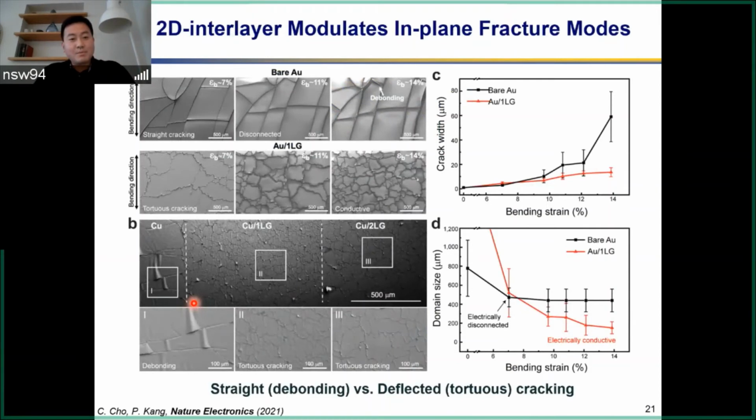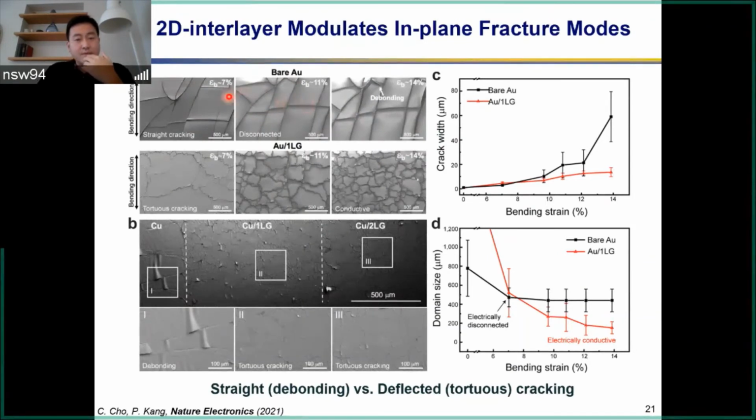And if you want me to show you more, here is really the distinction between bare metal on a soft substrate and metal with one layer of graphene. What's interesting is that with the bare metal, once you reach the failure strain, these small disconnected domains don't grow or change, except that the distance between them grows.